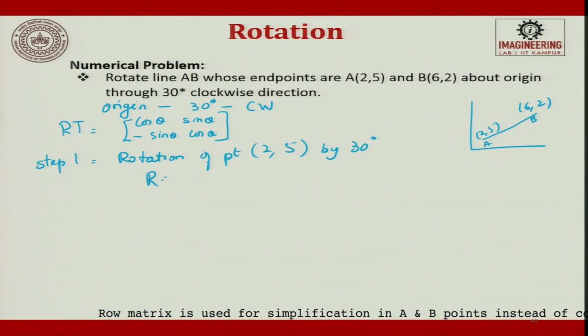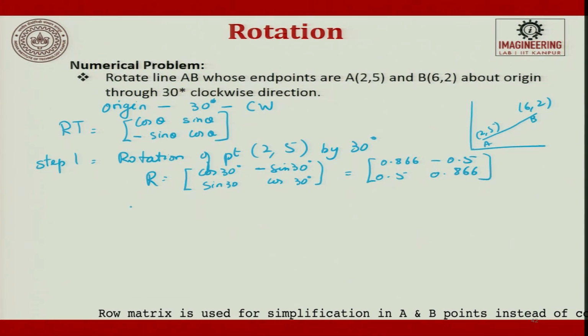So, that is R equal to cos 30, minus sin 30, sin 30 and cos 30, which gives 0.866, minus 0.5, 0.5 and 0.866.